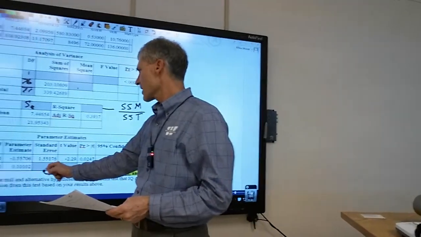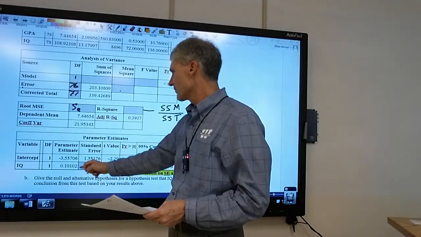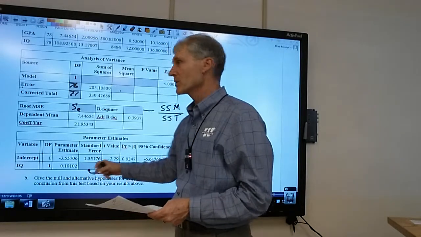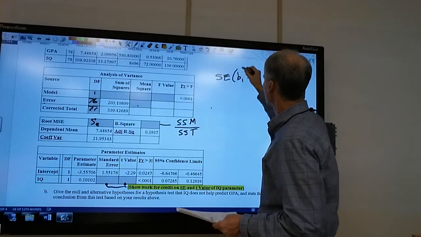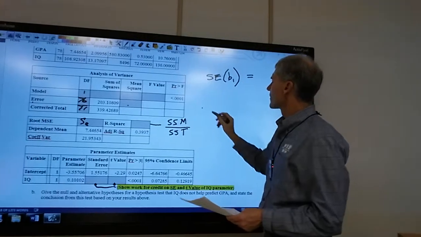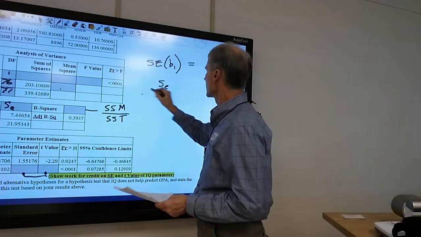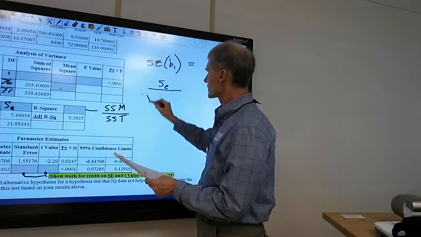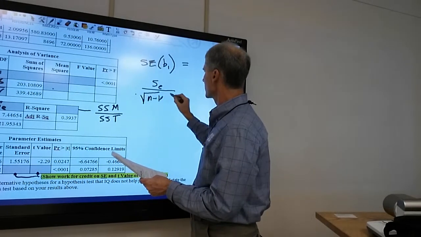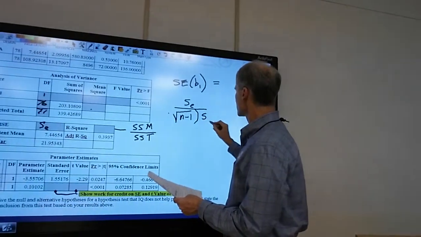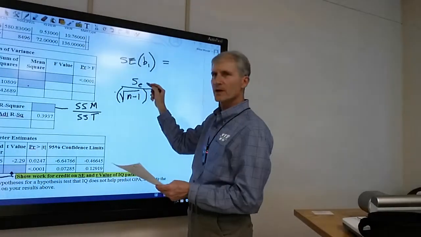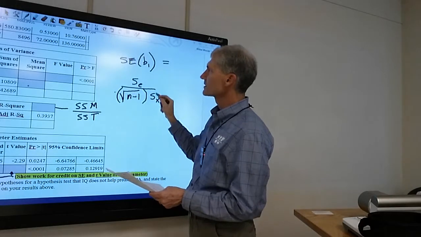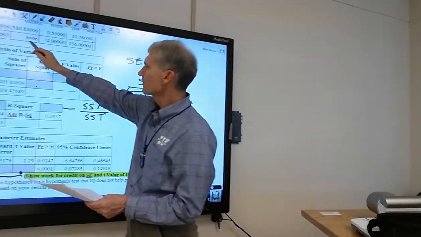So then standard error of B1, I had you compute that. The standard error of the slope is SE over the square root of n minus 1 times SX. Right? So root mean squared error on the top, SX, which is up here in this table.